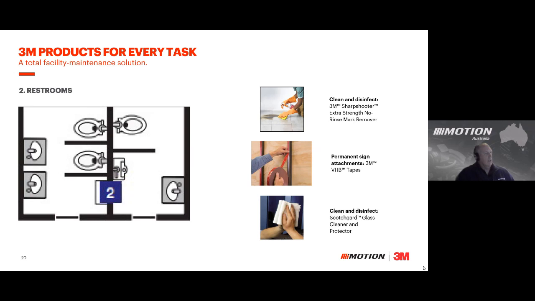Also, their clean and disinfectant range, part of which is covered by the glass cleaner and protector in their portfolio of products. That's let alone any cloths or other cleaning devices that are available from the 3M product range.